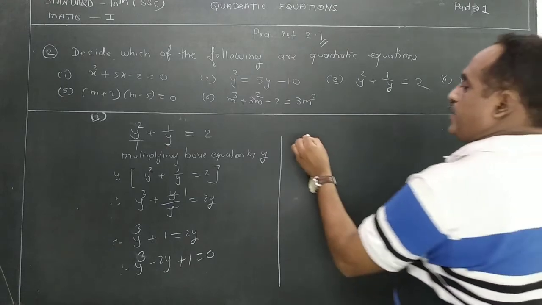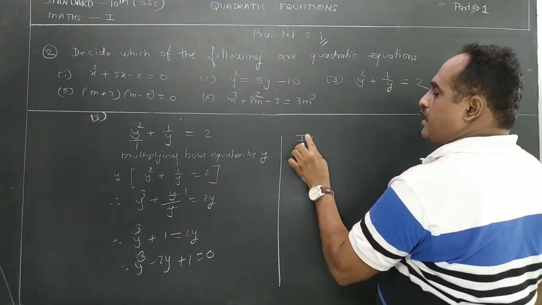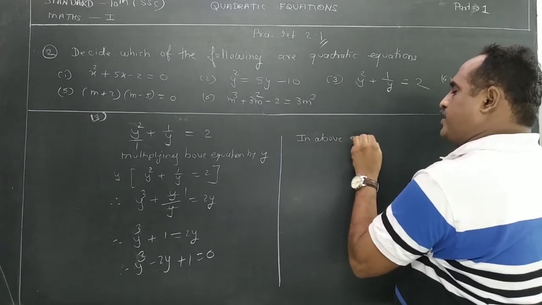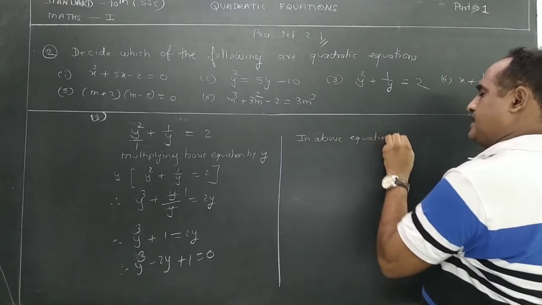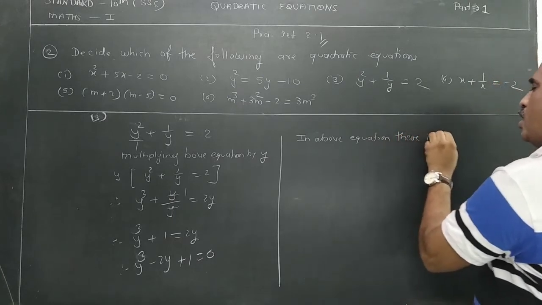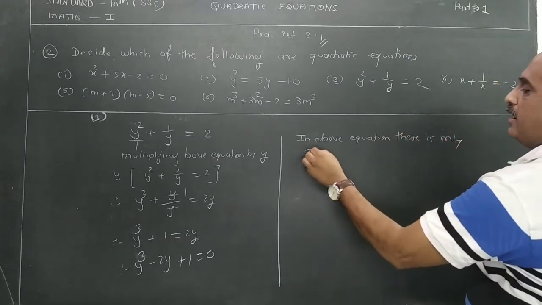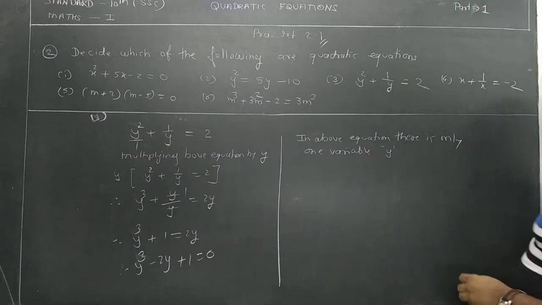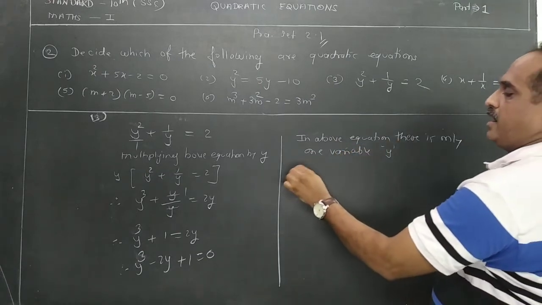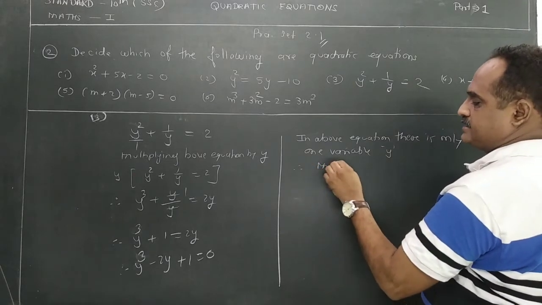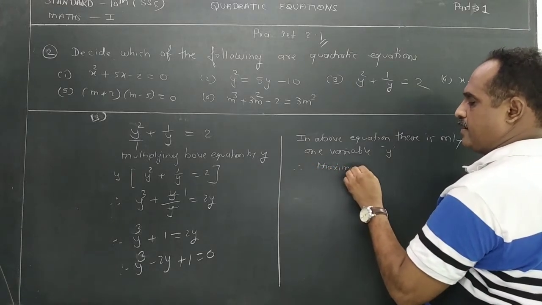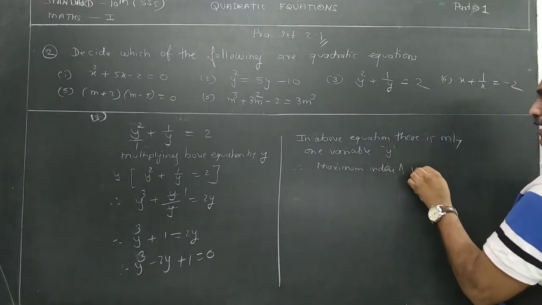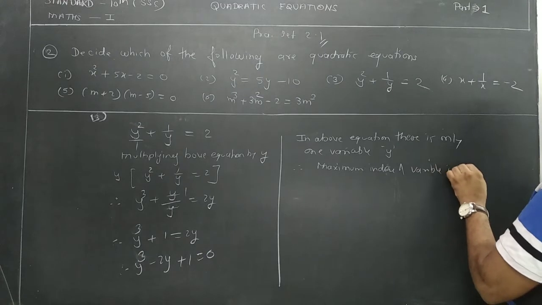So in the above equation, there is only one variable, that is y. But the maximum index of the variable is not 2.